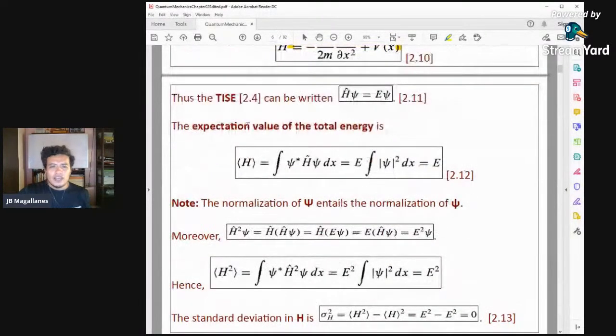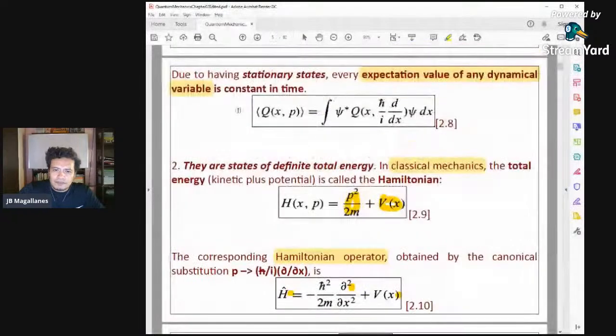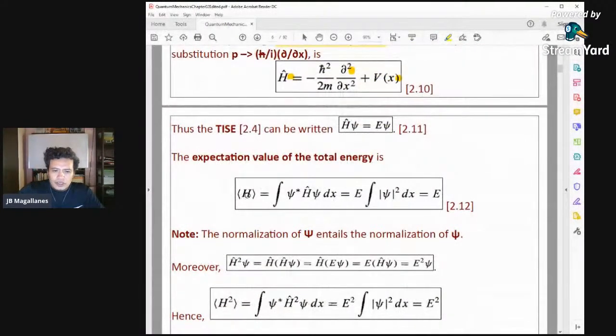So if you get the expectation value of the total energy using this formula, we just put H here, with the integral from negative infinity to positive infinity.